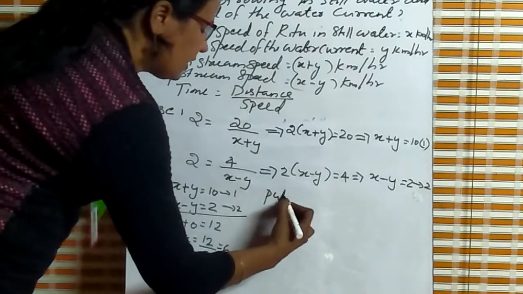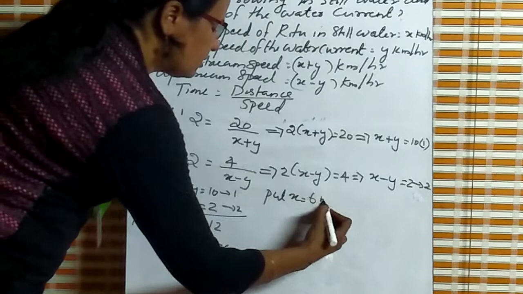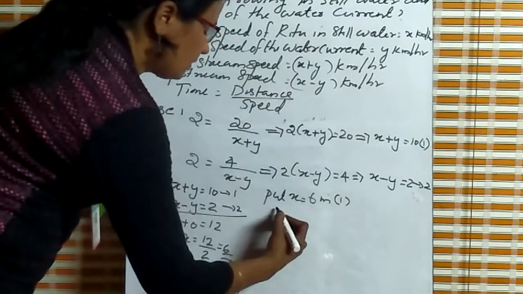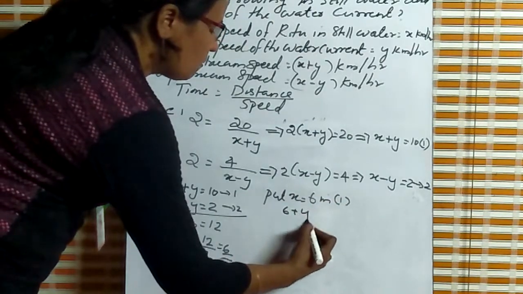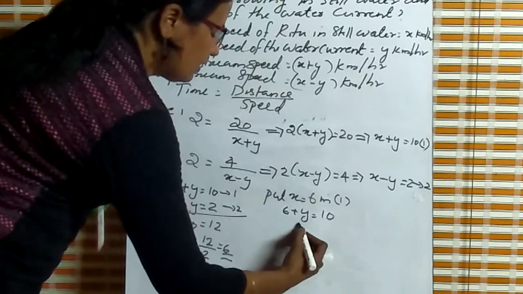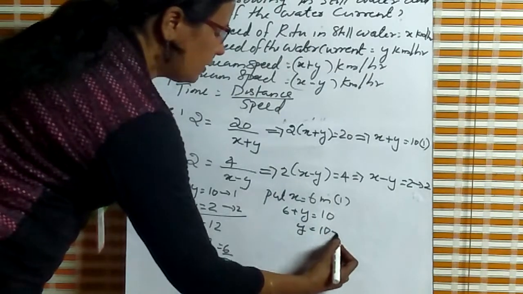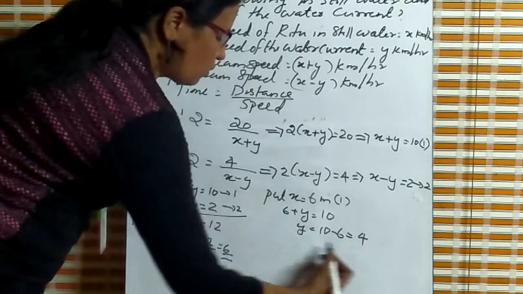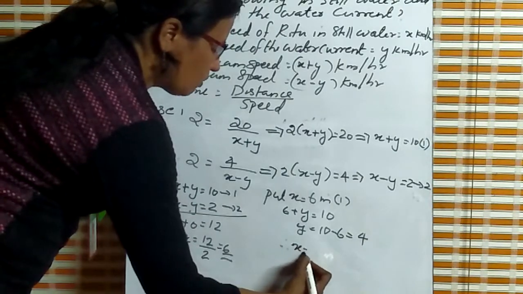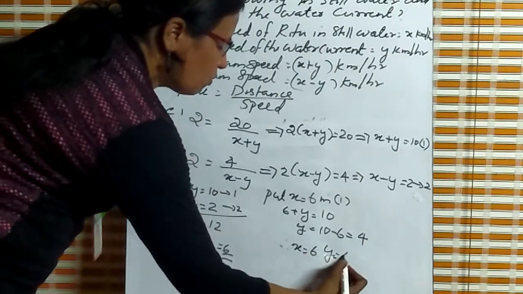Put x equals 6 in 1: 6 plus y is equal to 10. y equals 10 minus 6 is equal to 4. Therefore, x equals 6, y equals 4.